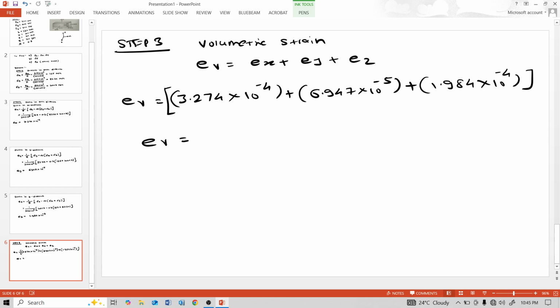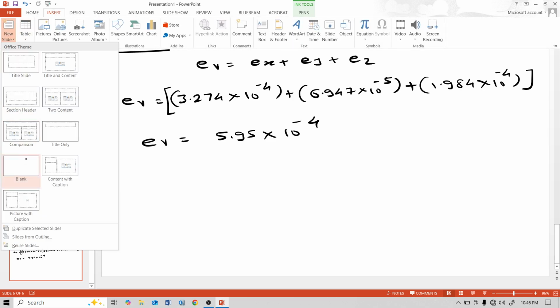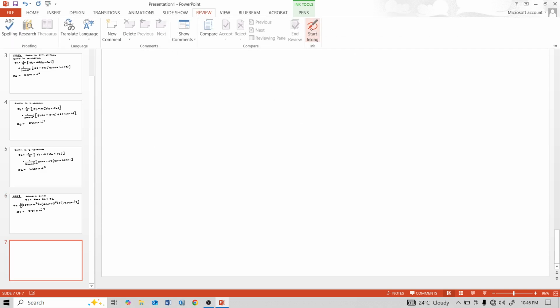This gives 5.95 into 10 raised to minus 4 as the volumetric strain. Next step is change in length.